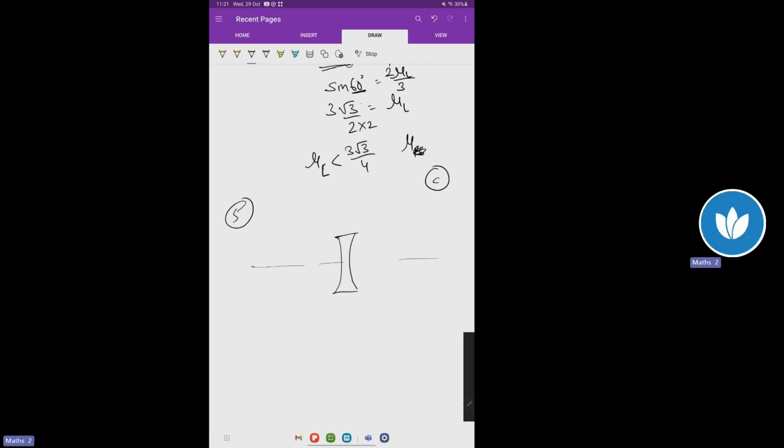Concave lens works like a convex mirror. In a convex mirror, the image is always virtual and small. The object will be here, so the image will be somewhere here, and this distance is 10 centimeter.